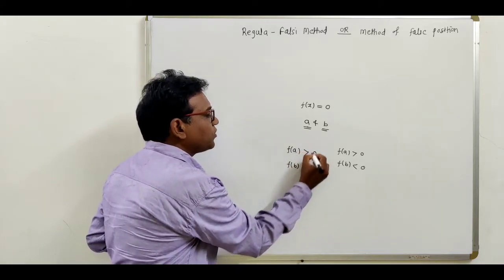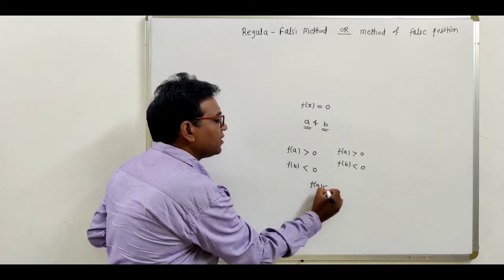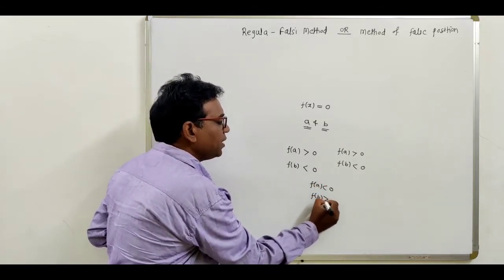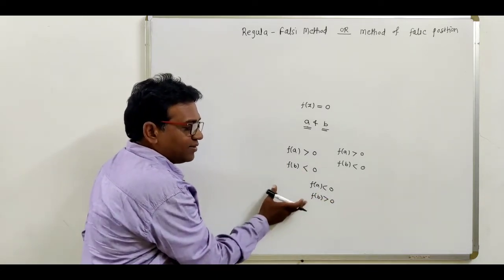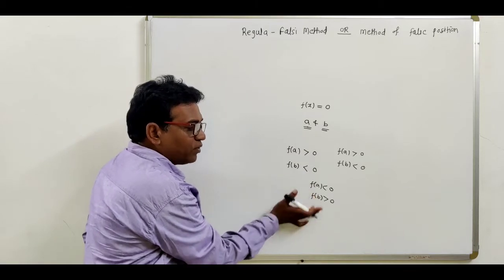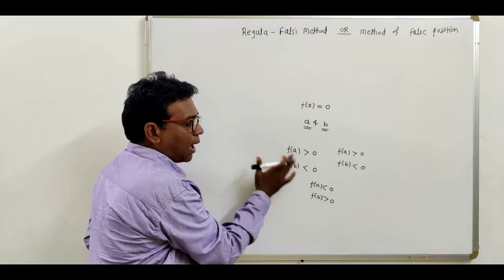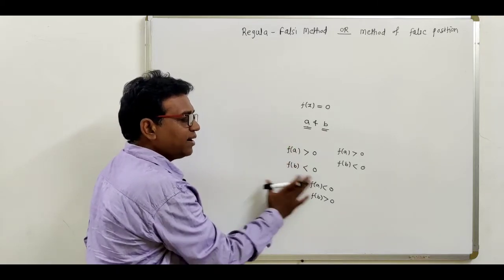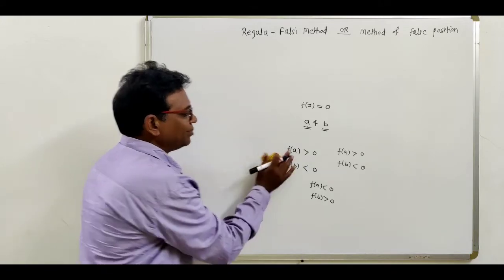Maybe f(a) is positive and f(b) is negative, or f(a) is negative and f(b) is positive, because we know that the root lies in between the opposite functional values. If a and b have opposite functional values, then and only then we can say that the root lies between a and b.